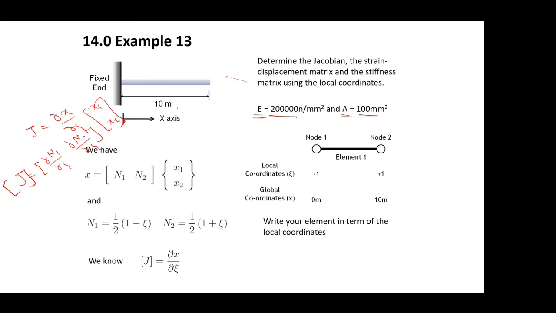All right, so I'll just go through this example quickly. As I said, this is pretty much a repetition of what we have done so far. The Jacobian is the derivative of x with respect to xi. This is simply the derivative of N1 with respect to xi and N2 with respect to xi, multiplied by x1 and x2.